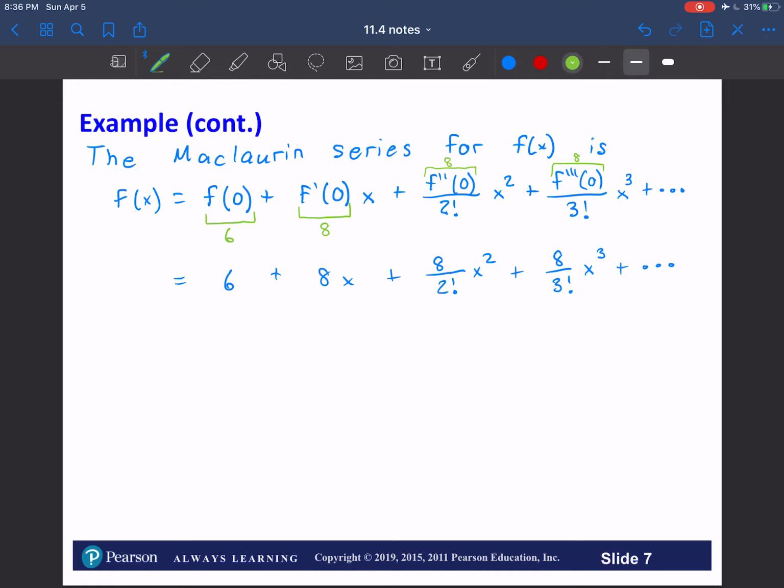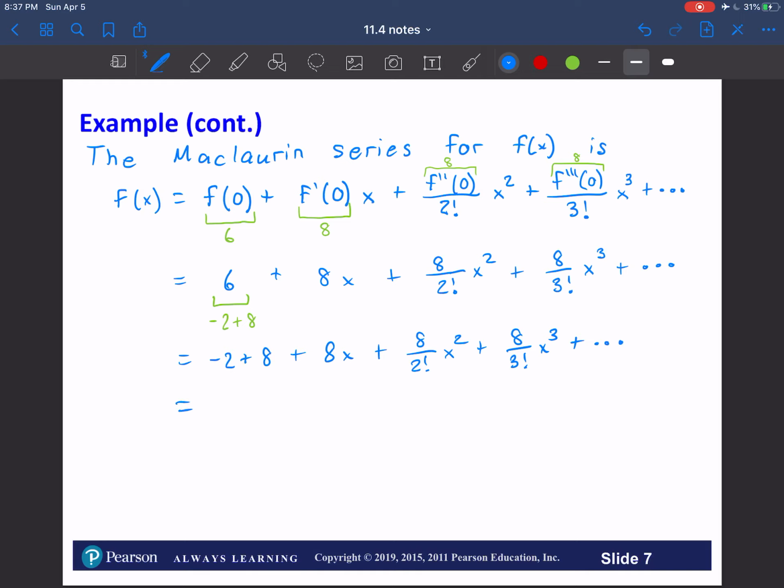We could rewrite 6 as just 8 minus 2. All right, and so let's actually instead write it as negative 2 plus 8. So we have negative 2 plus 8 plus 8x plus 8 over 2 factorial x squared plus 8 over 3 factorial x cubed, so on and so forth.